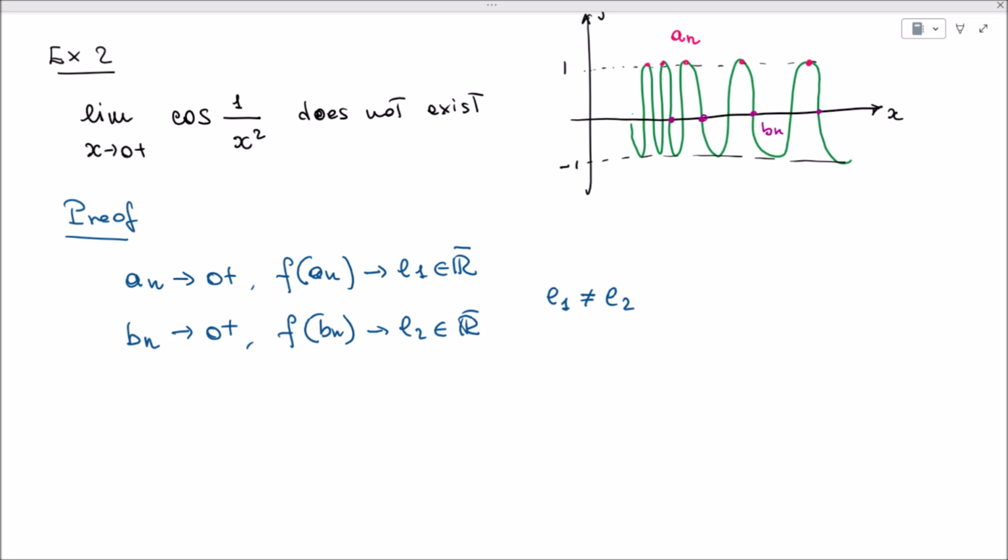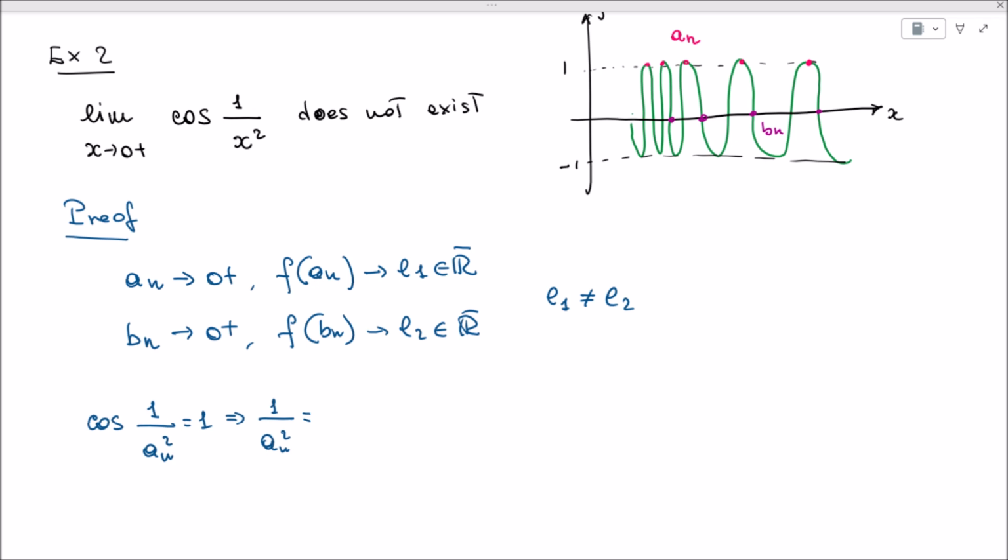Okay. Now, one possibility would be to find an where the cosine is equal to 1. So let's say that the cosine of 1 over an squared must be equal to 1, which implies that 1 over an squared, where is the cosine equal to 1?